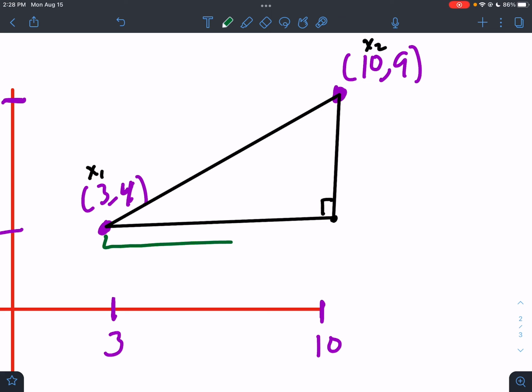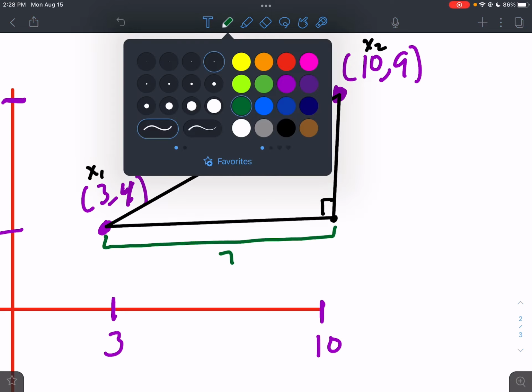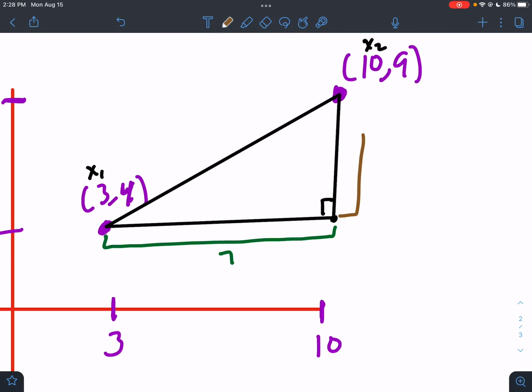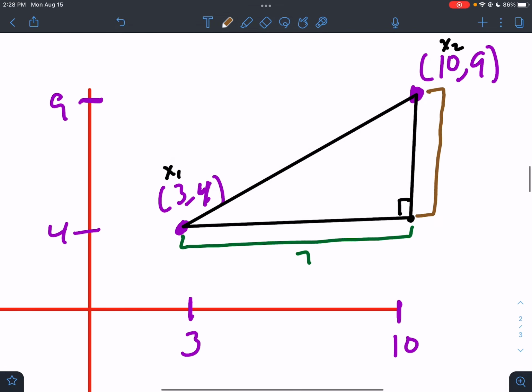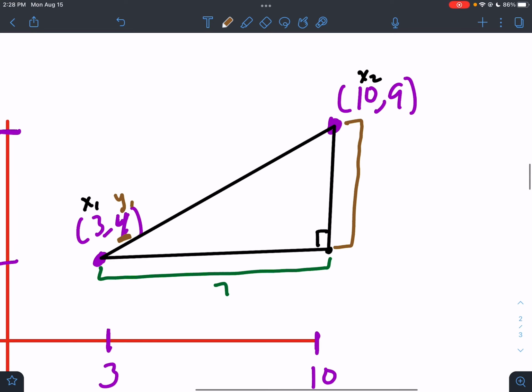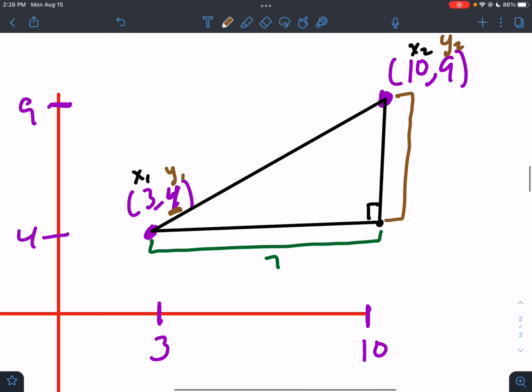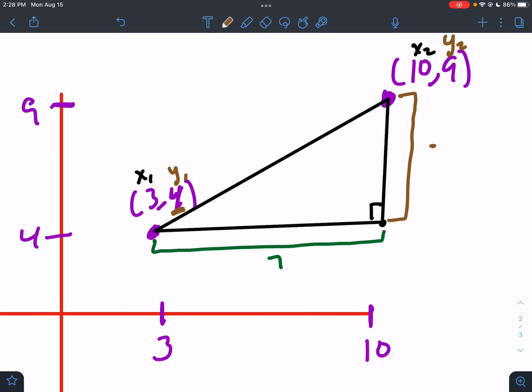So if I start at 3 and I go to 10, I've traveled 7 units. What about vertically? What height am I starting at? What is my starting height? 3, 4. I'm going to call this y1 and this y2. How far is it from y1, 4, to y2, 9? If I start at 4 and go to 9, I've traveled 5 units.